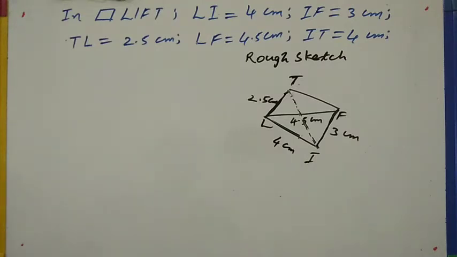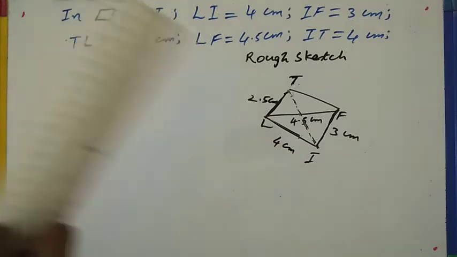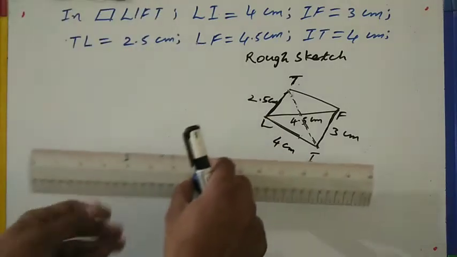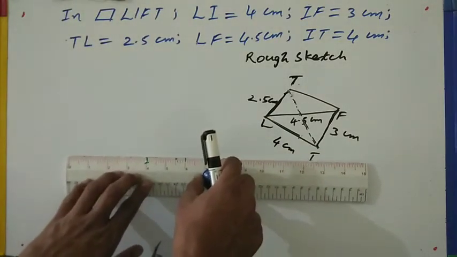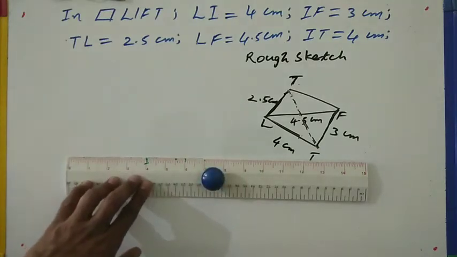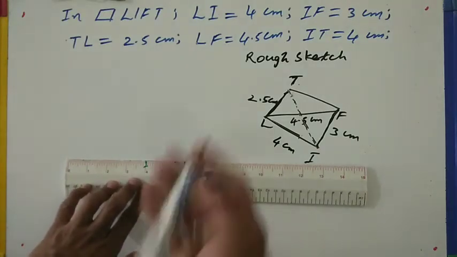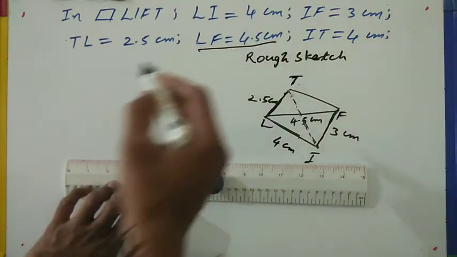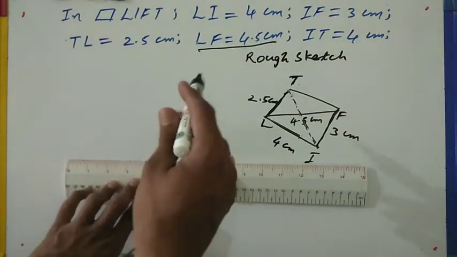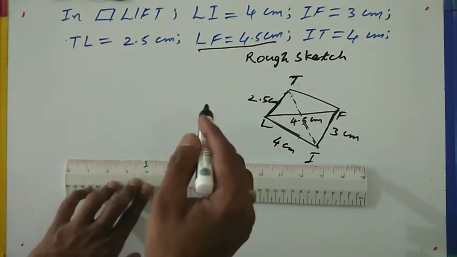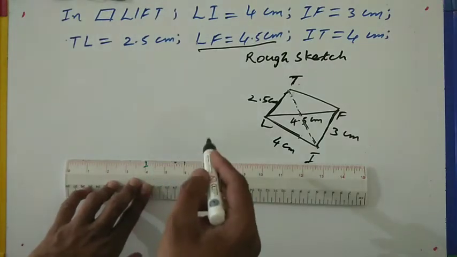First step of constructing this quadrilateral is, with the help of ruler, draw one of the important diagonals. Here LF and IT are diagonals. How you can identify them?